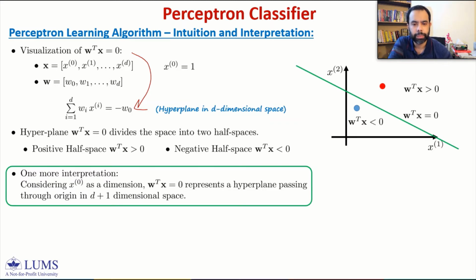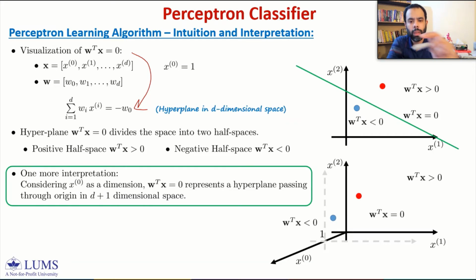So I can represent the data in this form. So this is x0. I have added another dimension, and we know that the value of x0 would always be 1. So the blue points and red points that were appearing in a plane are now appearing on a plane that is placed at x0 is equal to 1. Right? So now we have these blue and red points in a 3D space.